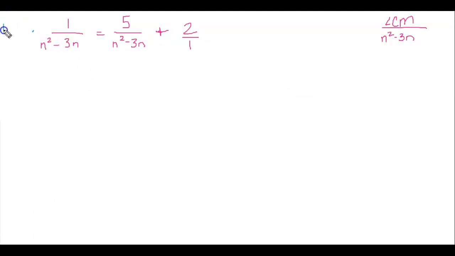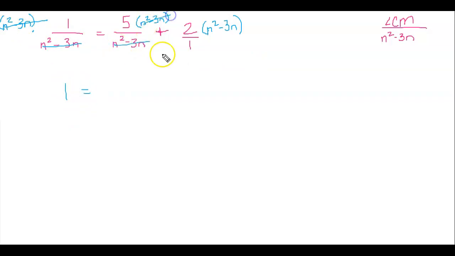So I'm going to multiply all of these by n squared minus 3n, and it helps to put binomials and trinomials in parentheses just to make sure that you don't forget to distribute things. That's the biggest mistake here. But here, n squared minus 3n cancels, so I'm just left with 1.